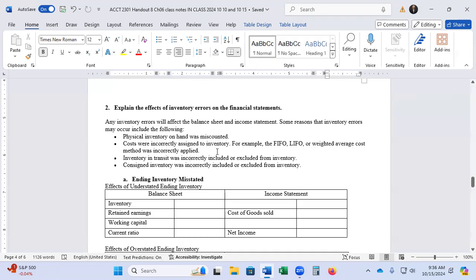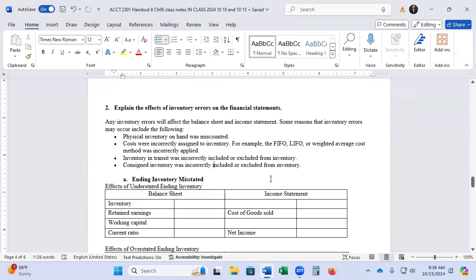And these are some of the ways that errors may occur. Your physical inventory on hand was miscounted. Costs were incorrectly assigned to inventory. Inventory in transit was incorrectly included or excluded from inventory, and consigned inventory was incorrectly included or excluded from inventory. So those are some of the errors.